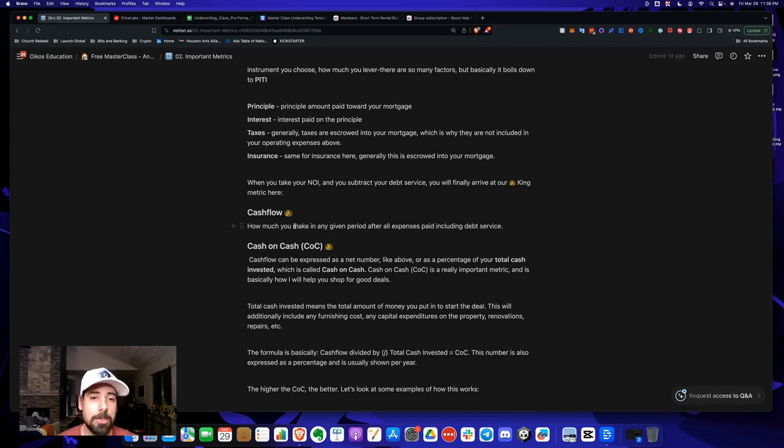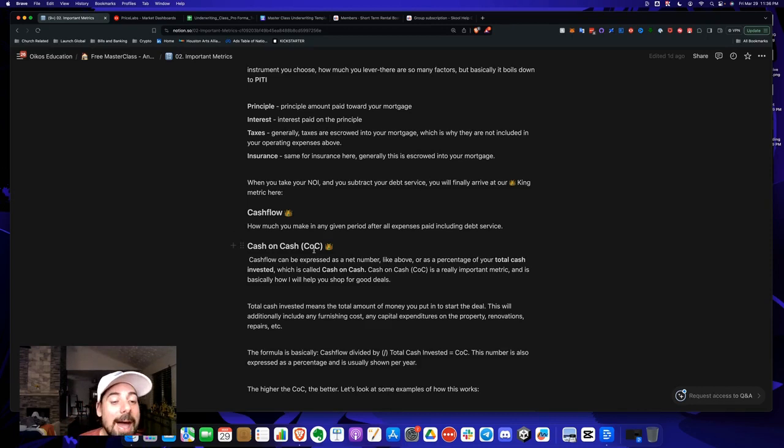Cash flow is what is important for you as a short-term rental investor. How much money can you make in any given period after all your expenses and debt service are paid? We express that in two ways, just as a net cash flow number, like I made $500 this month or $500 a year. That would be abysmal. I wouldn't buy that property.